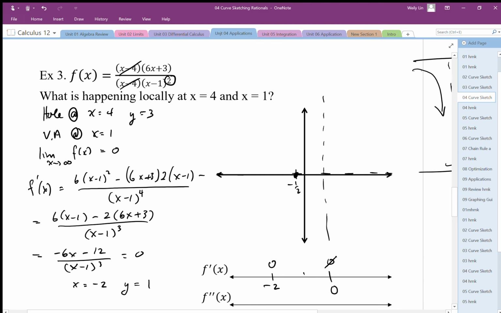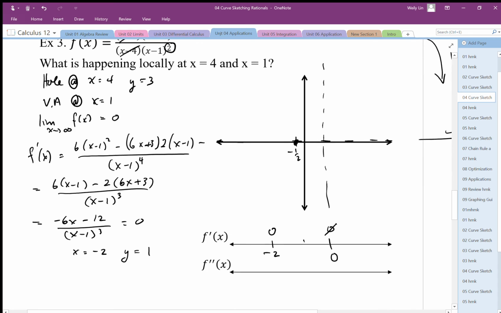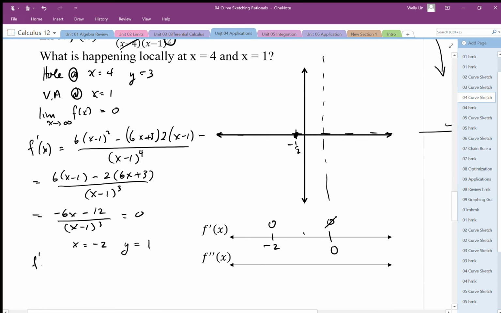Okay, so it looks like it's going to kind of come down and maybe go back up, it's hard to tell. I'm going to have to test my slopes here. So plug in your slopes, f prime of negative 3. When I plug negative 3 into here, I'm going to end up with positive 18 on top, and that's going to be negative on the bottom.